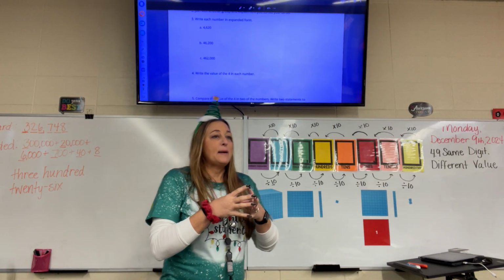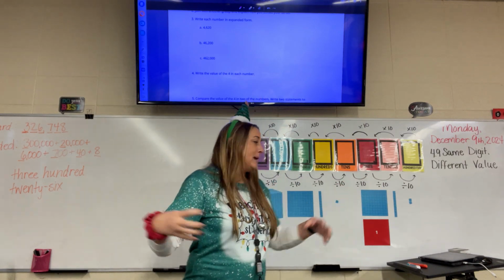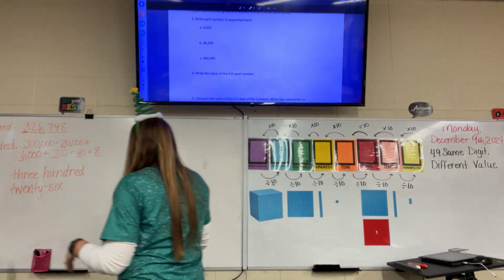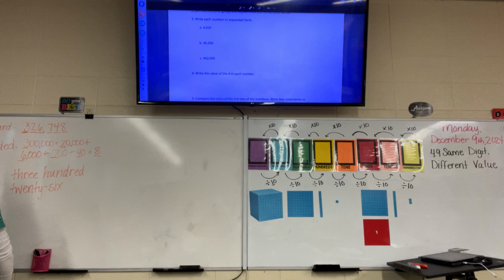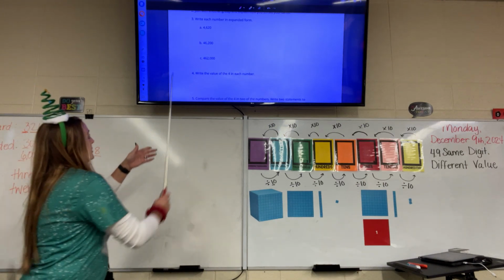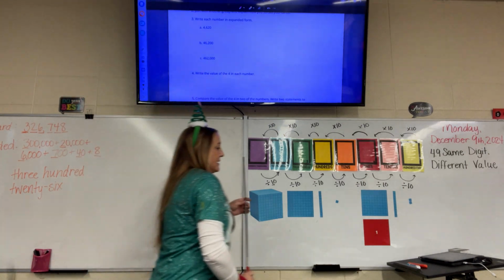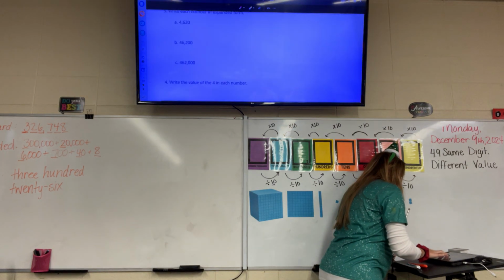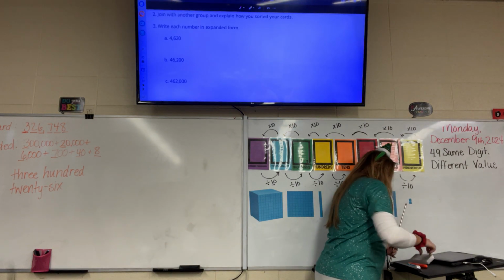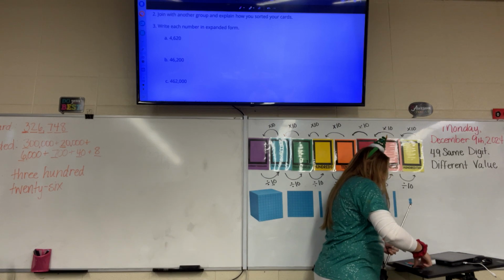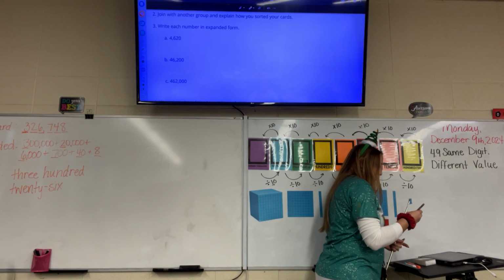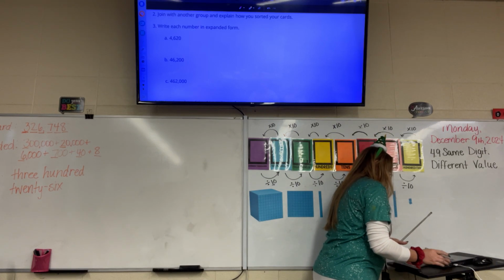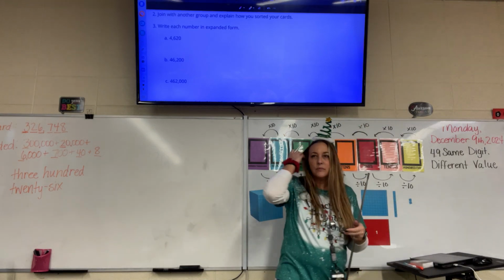So remember, expanded form is where we stretch it out based on the place value. So the first number that they have given us is this right here. And so who would like to raise their hand and tell me what the value of the 4 is, which is the biggest digit? Devin?